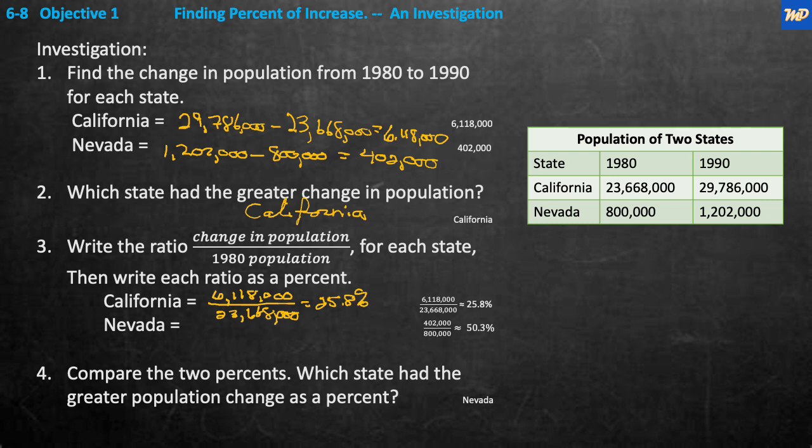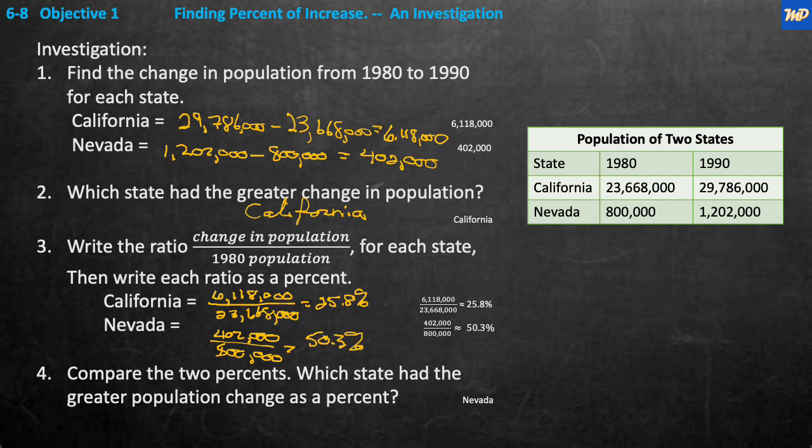Nevada, its change was 402,000, and we're going to divide that by 800,000. That was their starting population in 1980. And that equals the number, whatever that number equals. The percentage is 50.3%.